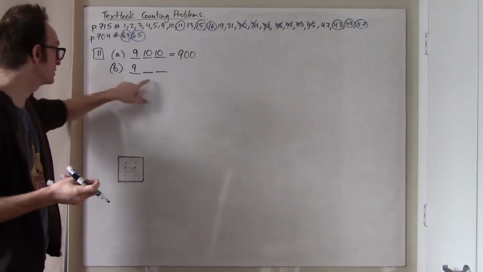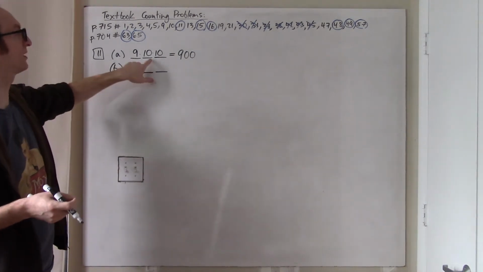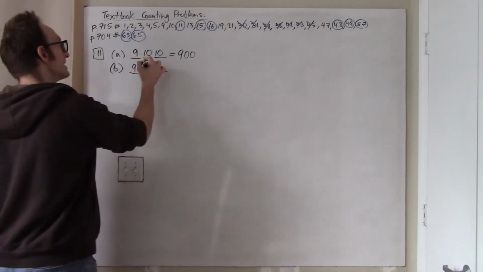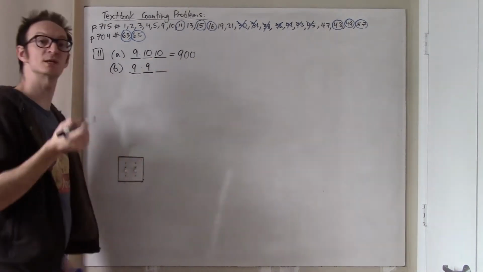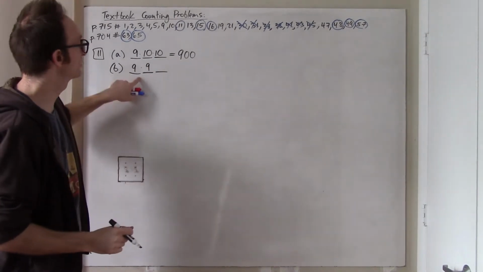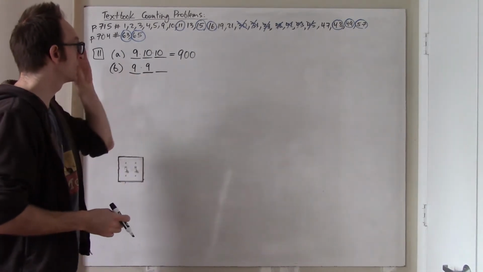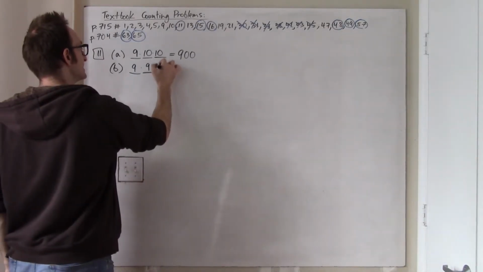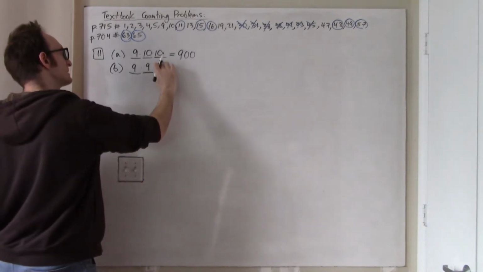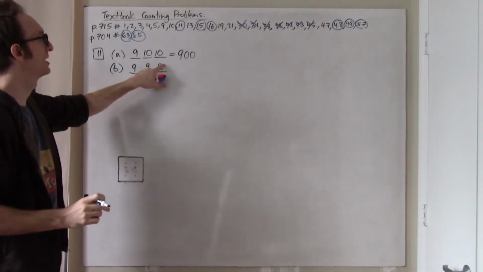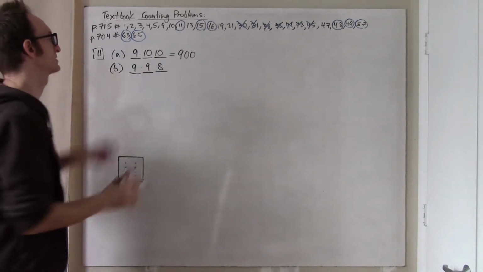Well, now you have not quite all 10 digits available, but only 9 of them, because you can use any digit except the one that you used the first time. And then for the third digit, you have 8 choices, because you can use any of the 10 digits except the one you chose first and the one you chose second.